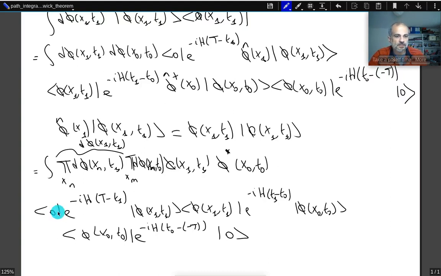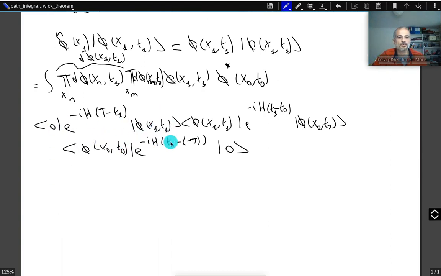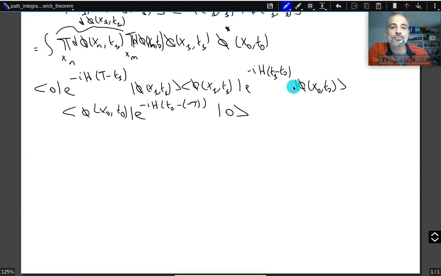But you see, all of these matrix elements we had already written in terms of path integrals.